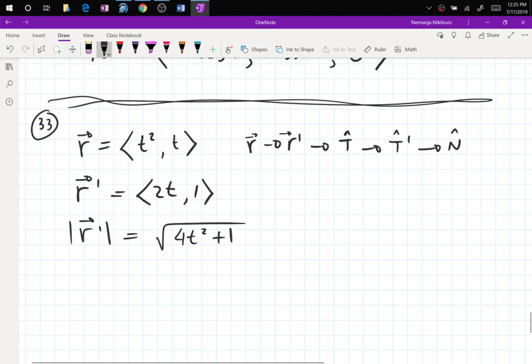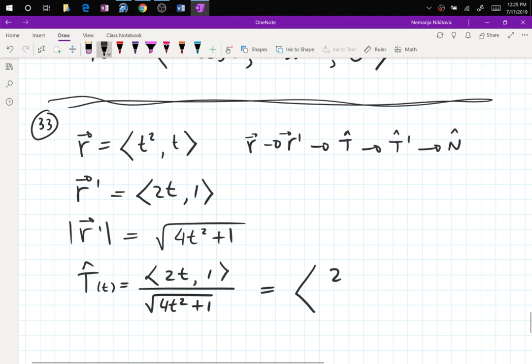So your t hat is going to be 2t, 1 divided by the square root of 4t squared plus 1, which creates this vector: 2t divided by the square root of 4t squared plus 1, comma 1 over the square root of 4t squared plus 1, right?